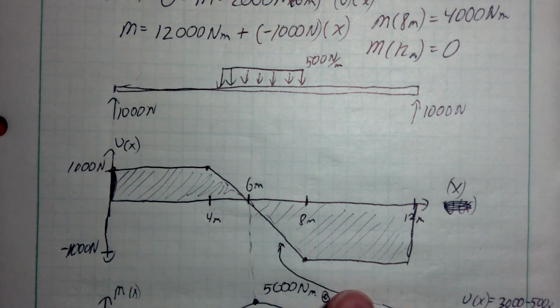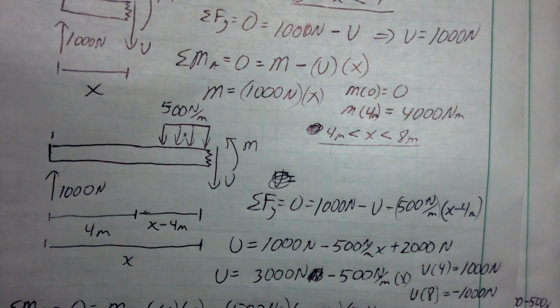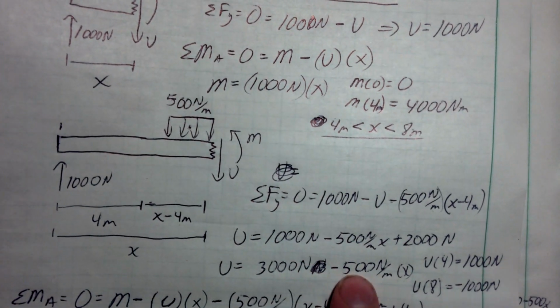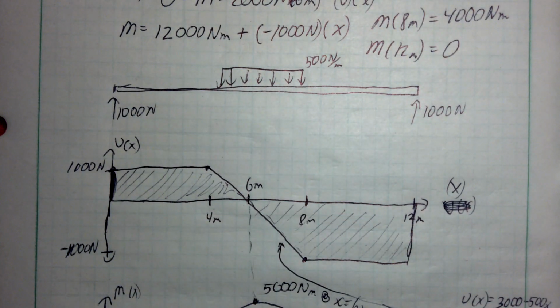If memory serves, the equation for this line here has a slope of minus 500, the same as the value of this distributed load. So, calculus can do this.